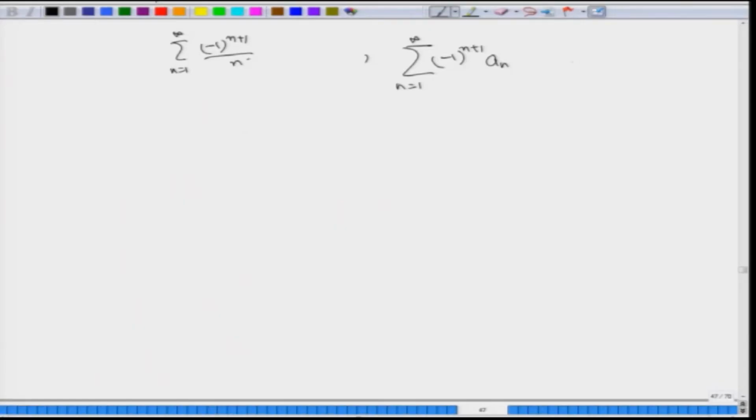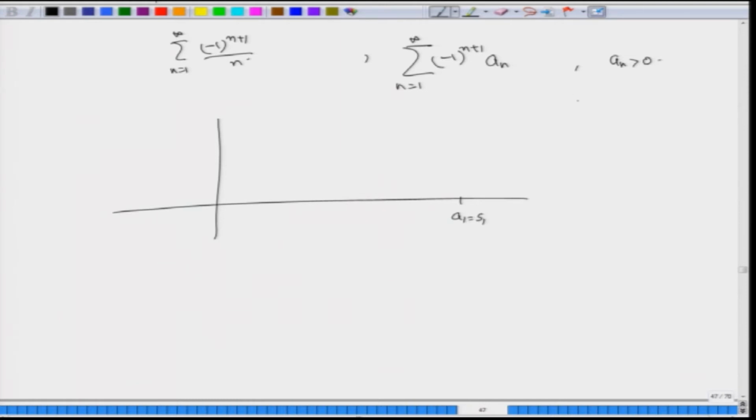Now, let us look at this. Here, let me take a_n to be positive, for our benefit. So, we need to determine S_n. Suppose this is a_1, then this is nothing but S_1.